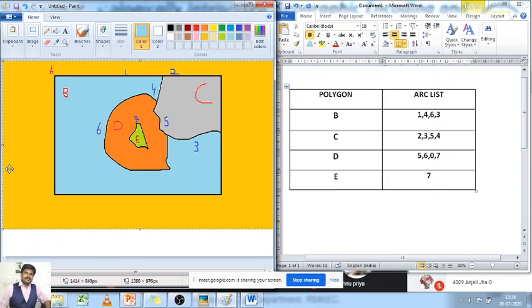The 0 before the 7 actually indicates that arc 7 creates an island in the polygon of D. Okay, this is why I have told you guys to work out this experiment, and this is why I have told 0 comes whenever there is a polygon within a polygon and it makes a hole of the external polygon. Okay, is this clear, students?